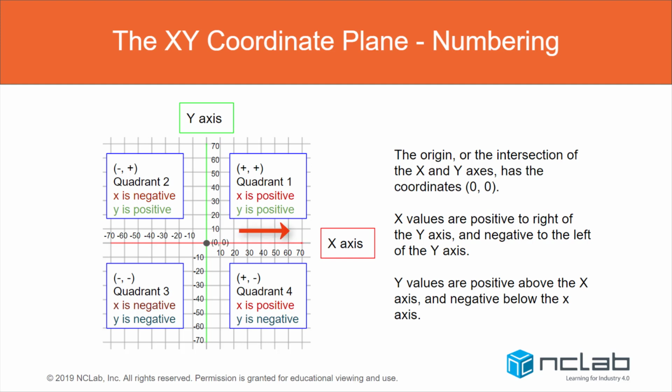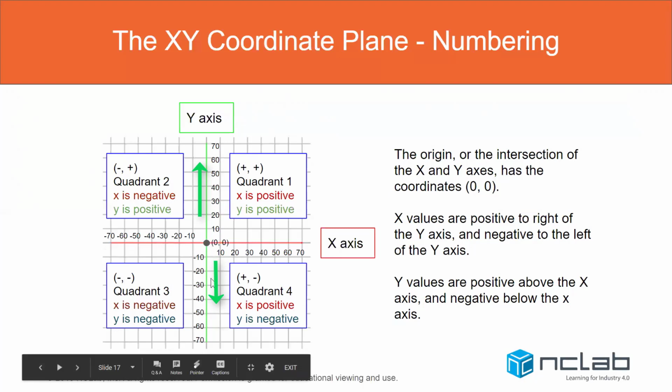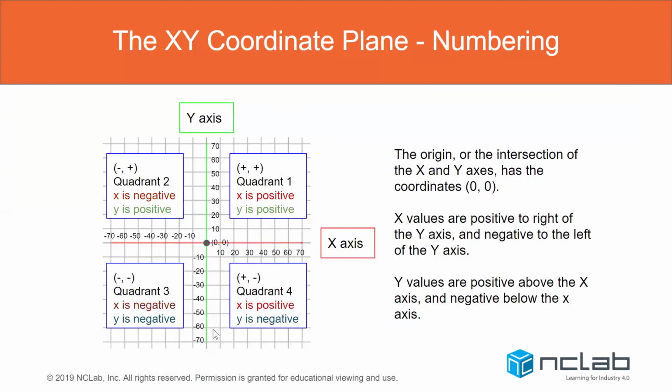And from there, if we go to the right, the numbers are positive integers. Well, they can be real numbers as well, but we're spacing them on integers. And to the left, the numbers are increasingly negative. Same thing with y. If you go up, the numbers are positive. If you go down, the numbers are negative.